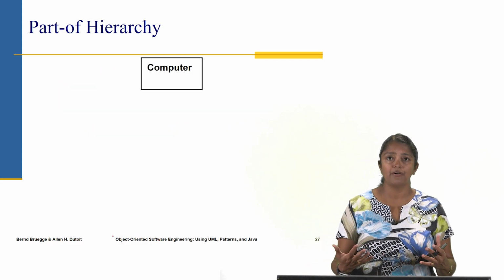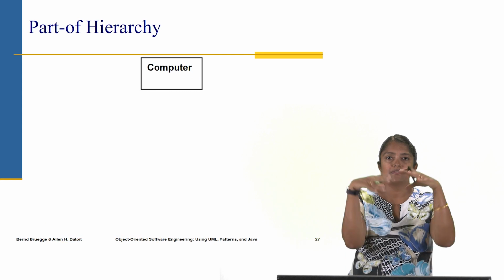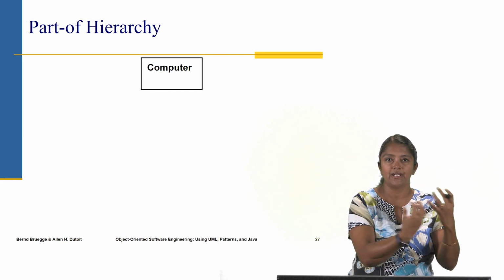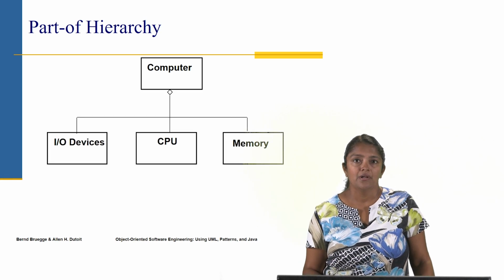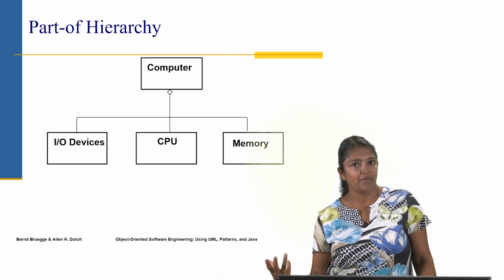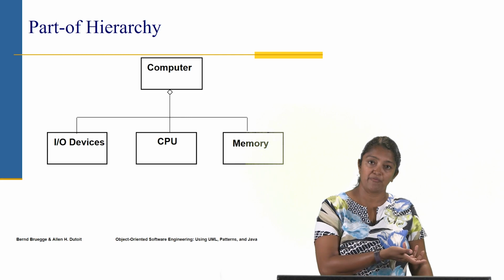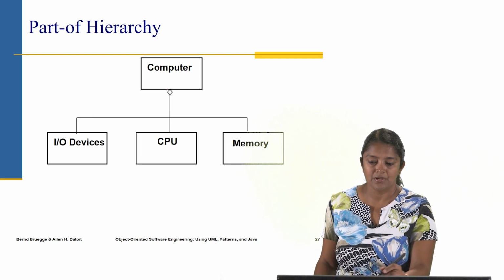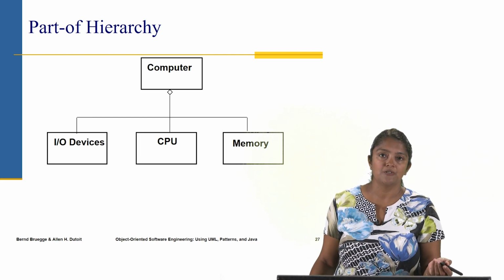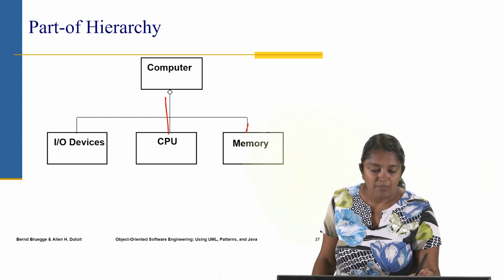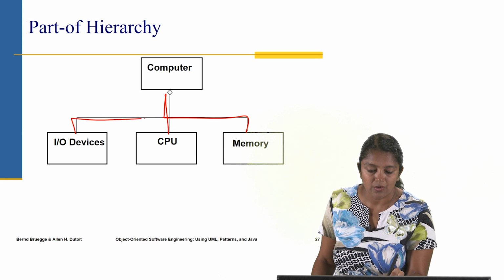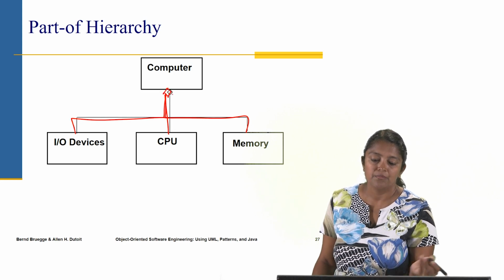Part of means there is a whole and we're breaking it down into smaller parts. A good example is a computer. A computer is made up of I/O devices, CPU, and memory. So a computer can be broken down into these three parts, or we can say CPU is a part of computer, memory is part of computer, I/O devices are part of a computer.